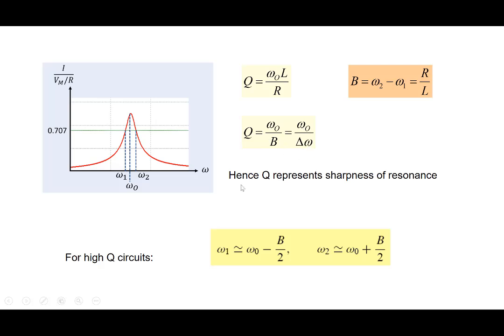And you can show that if the Q value is high, then omega 1 is basically omega naught minus bandwidth by 2, and omega 2 is approximately omega naught plus bandwidth by 2. All right, so these are useful relations to remember. Relations of Q here. Bandwidth is basically R by L here, and another expression for Q, and omega 1 and omega 2.